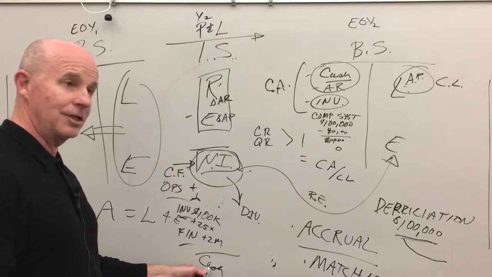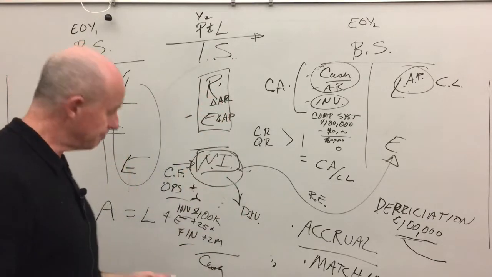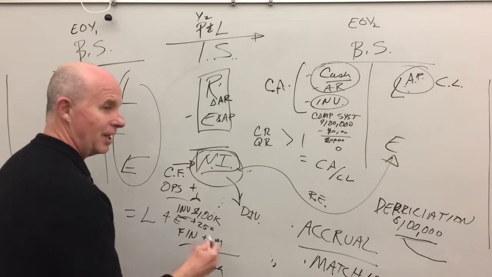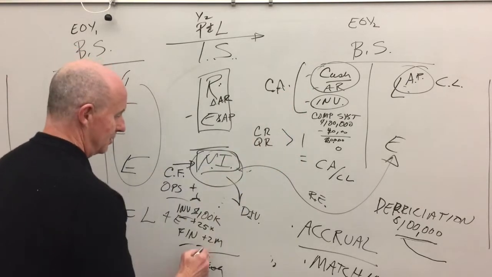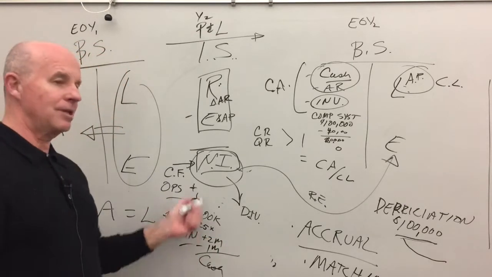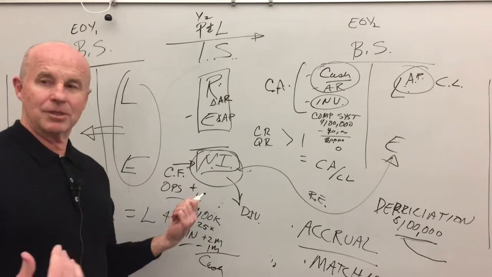Because it's money that hit your cash, but it wasn't like a sale. And when you pay off that loan, we'd go the other way, right? I just paid out of cash $1 million for a loan, whatever it is. So those are the three sections of the cash flow statement, and that's what they do.